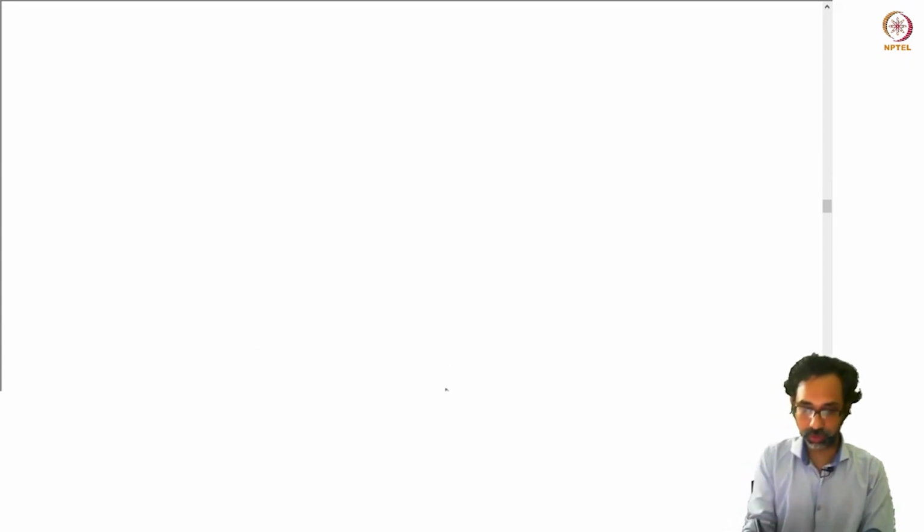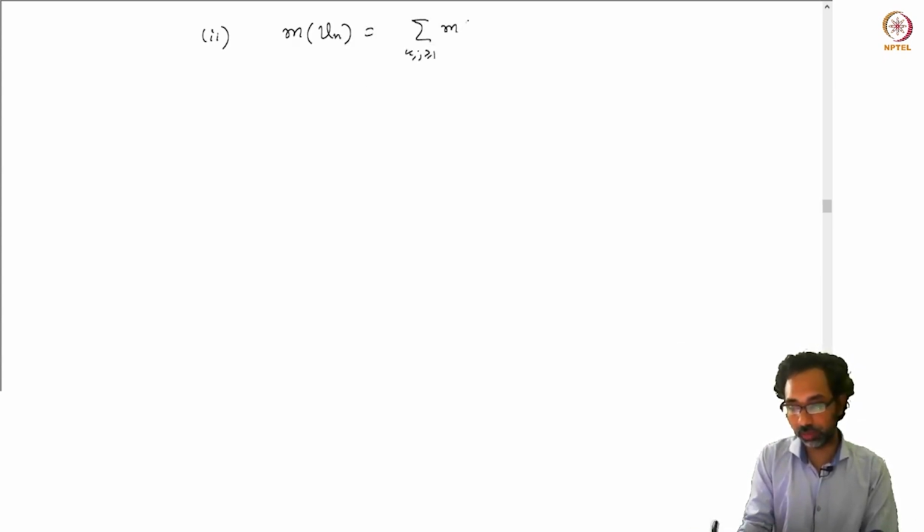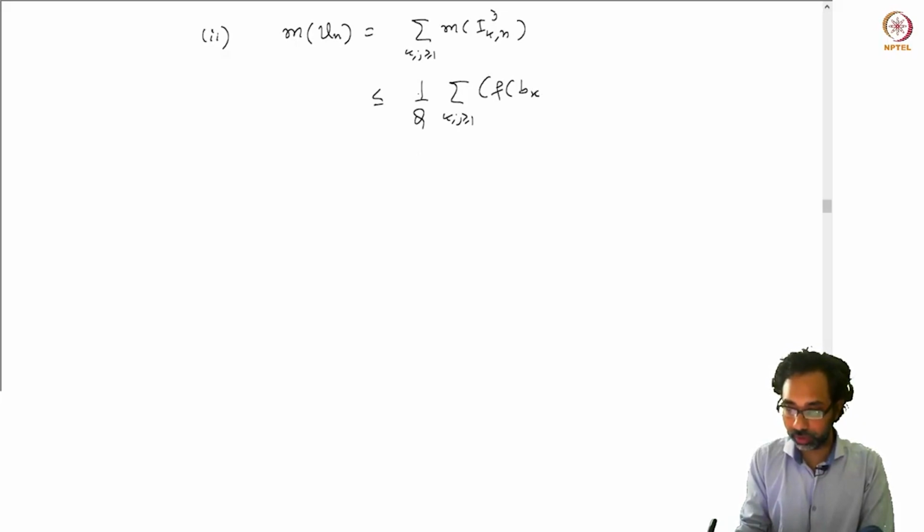we argue as follows. For the second part we have m of U_n, which is nothing but the sum over k, j greater than or equal to 1 of m of I_{k,n,j}, and m of I_{k,n,j} is less than or equal to 1 over capital Q, again sum over k, j greater than or equal to 1 of f(b_{k,n,j}) minus f(a_{k,n,j}).